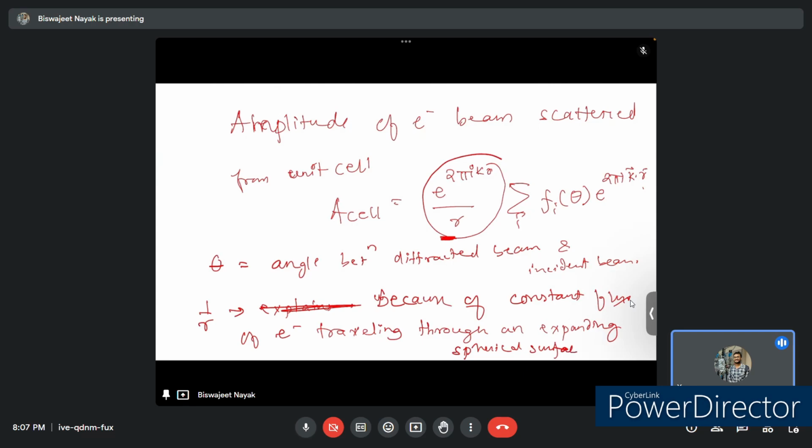Here f(theta) is the atomic structure factor, and K is the diffracted wave vector which we have seen.